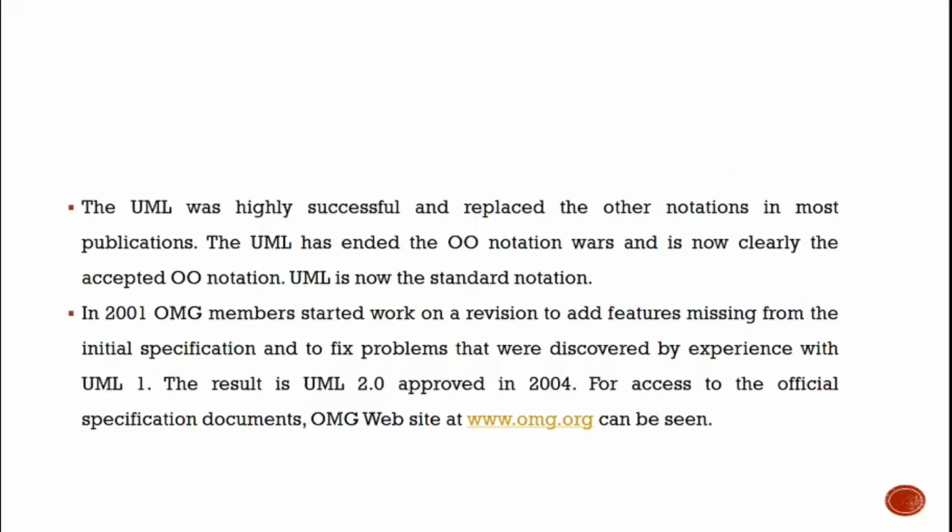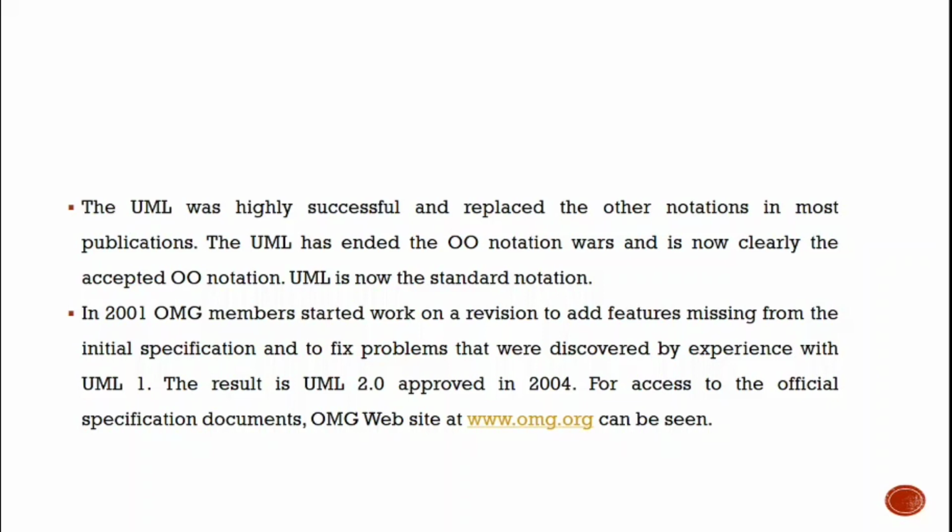The Unified Modeling Language, which we call UML, was highly successful and replaced the other notations in most publications. The UML has ended the notation debate. Now the object-oriented notation is clearly accepted. UML is now the standard notation in the software industry.